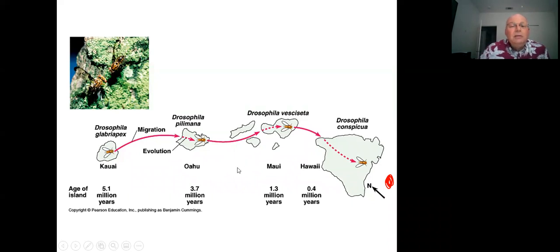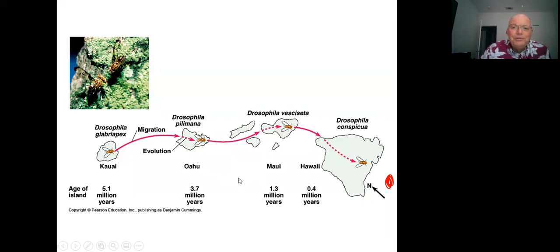But unfortunately, human intervention in Hawaii has also created circumstances where a lot of the very unique organisms that live in Hawaii are endangered, and a number of them have already become extinct since humans reached the islands probably around 1000 CE or AD, if you use that designation, in the form of the Polynesian settlers coming out of Tahiti that settled this region and brought with them animals and plants that they established on the islands.